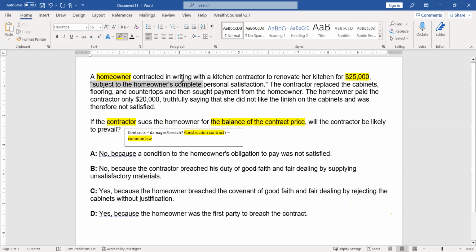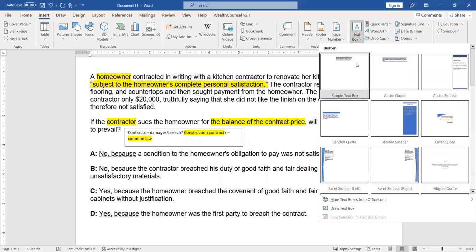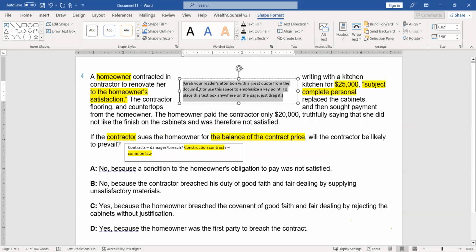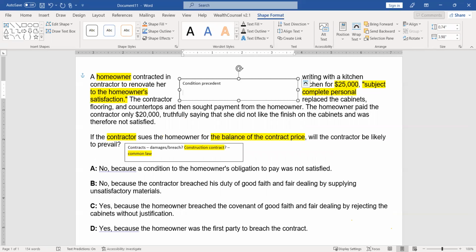Subject to the homeowner's complete personal satisfaction. That should bring red flags. It should just have bells ringing in your head, because it's an indication that you've got a condition precedent. When you're thinking of that, you would think a condition precedent, that means it needs to occur before obligation is required.